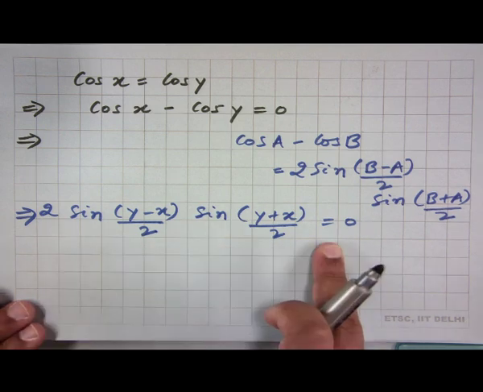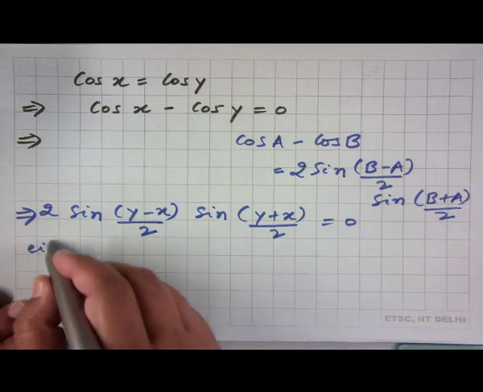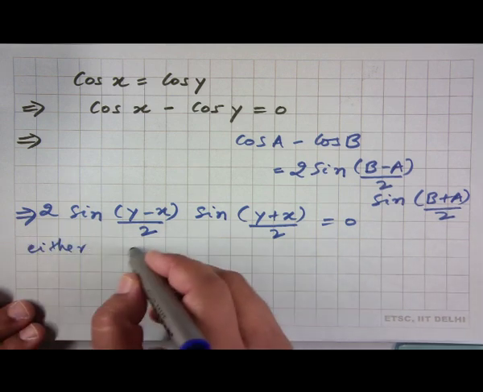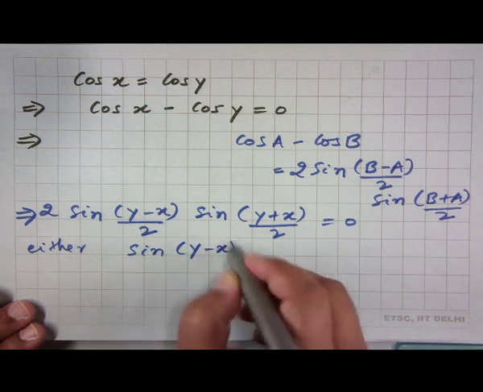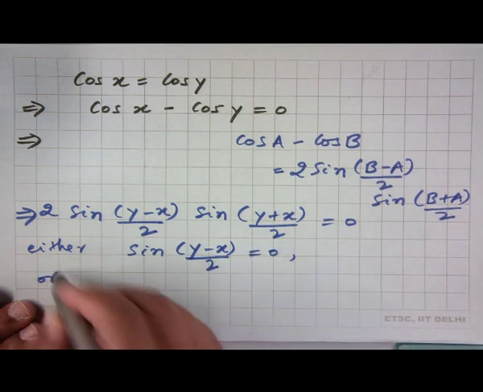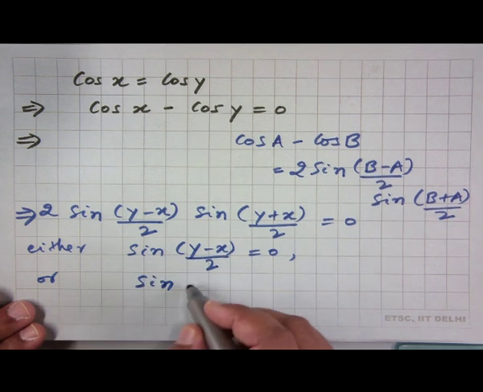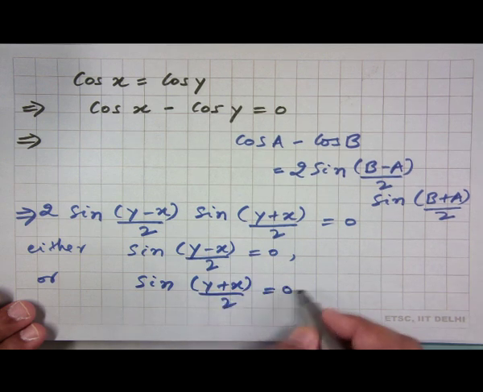But this implies that either sine of (y minus x) over 2 is 0 or sine of (y plus x) over 2 is 0.